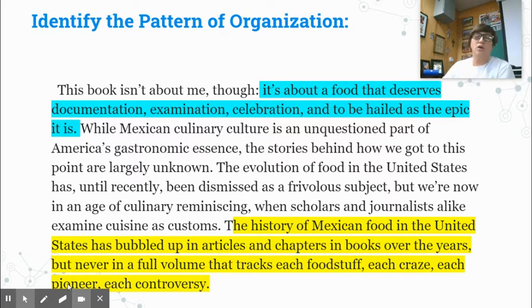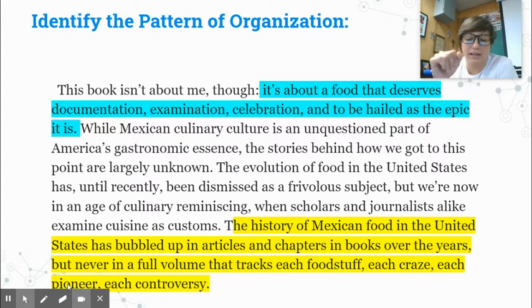Okay, so the problem that the author is identifying is that Mexican food deserves to be documented, it deserves to be examined, it deserves to be celebrated. And it says that right here, the stories behind how we got to this point are largely unknown. Okay, and so that's the problem. Nobody's talking about Mexican cuisine. Nobody's documenting it. No one's examining it.